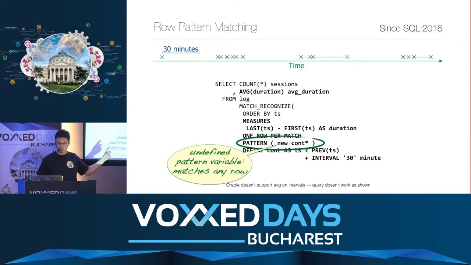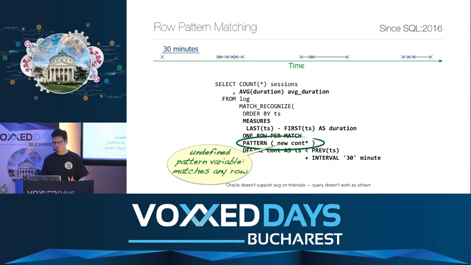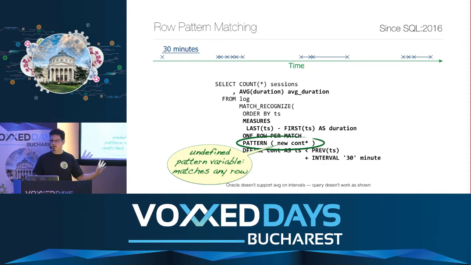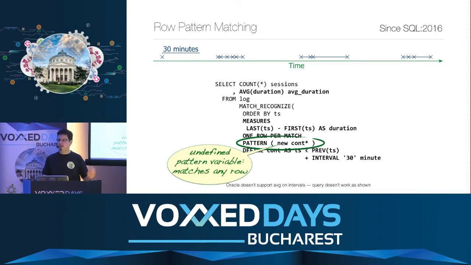So this regular expression says match one row which qualifies as new, and then match as many rows as you like which qualify as cont. And here's one strange thing. If you use a pattern variable in the pattern clause which is not defined in the define clause, then it matches any row. So that basically means match any row and then as many as qualify according to the define clause.